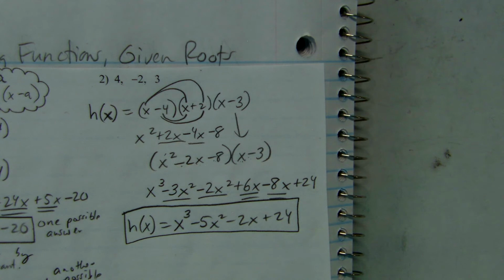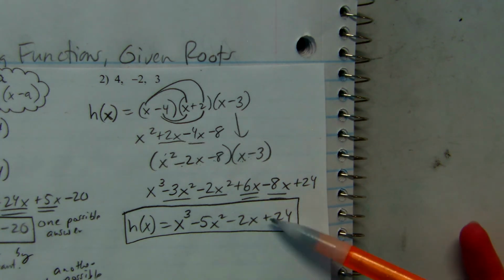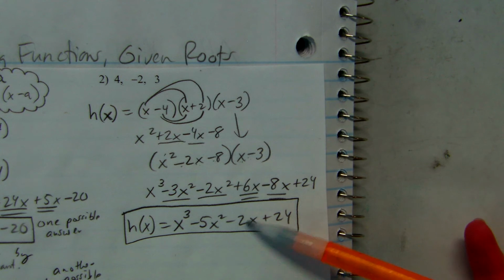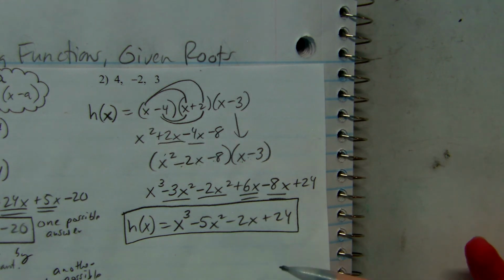So this is the polynomial function of least degree with integral coefficients that has the given zeros at the top. Basically we're setting up the factors and multiplying it out.